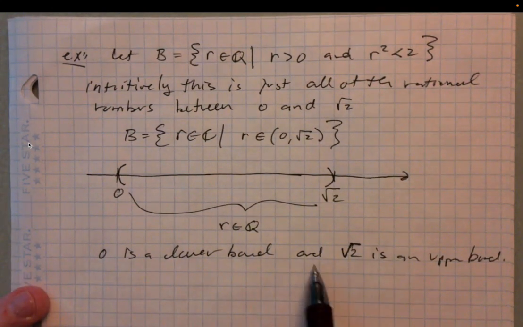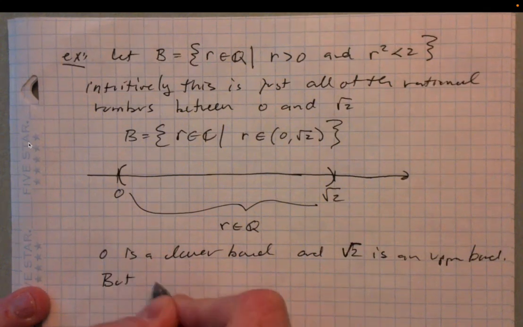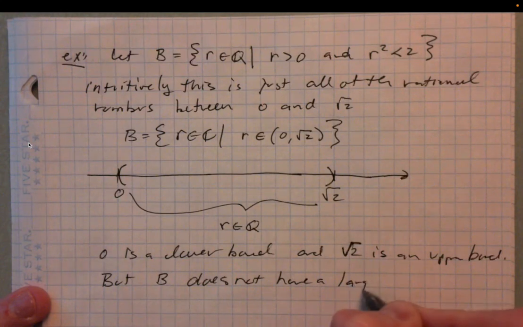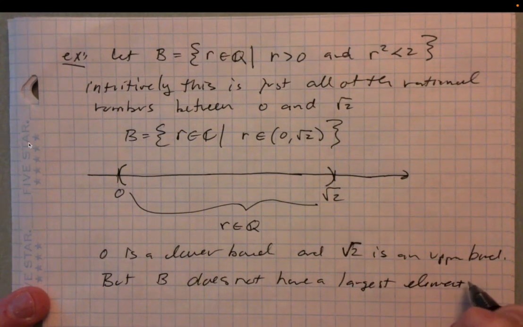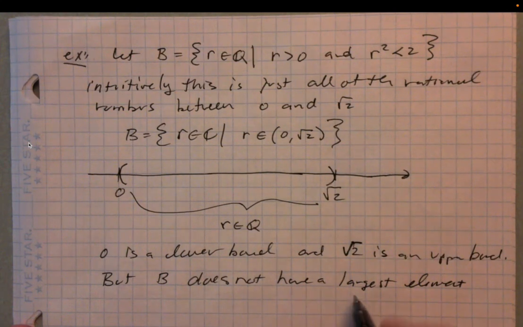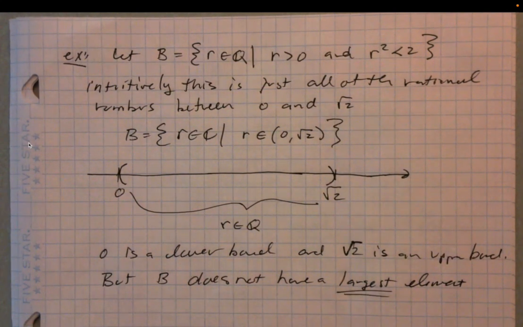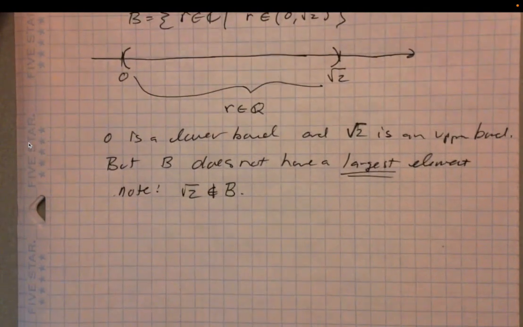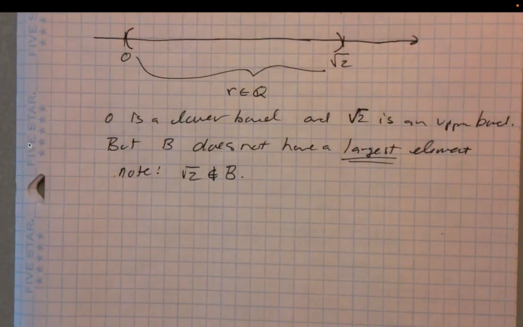The square root of 2 is an upper bound, but notice the square root of 2 is not in B. That's an important piece of it.